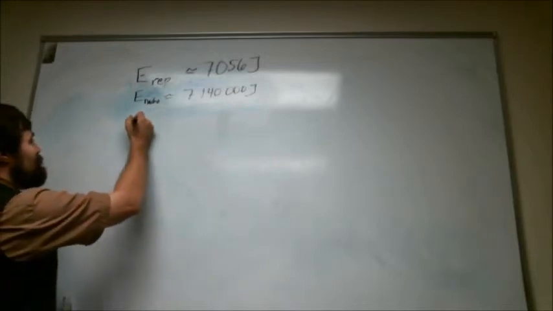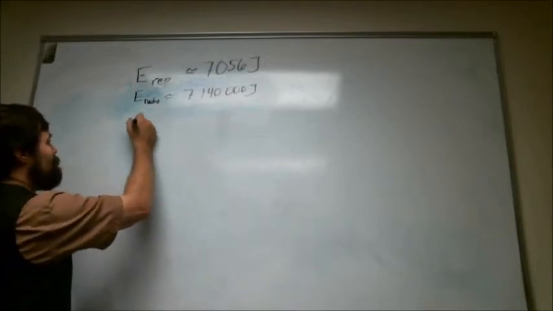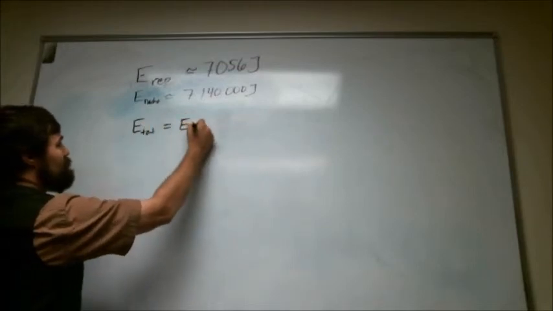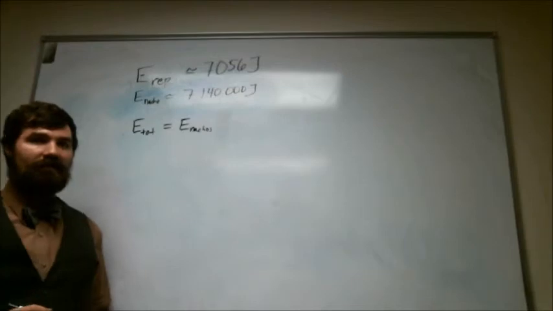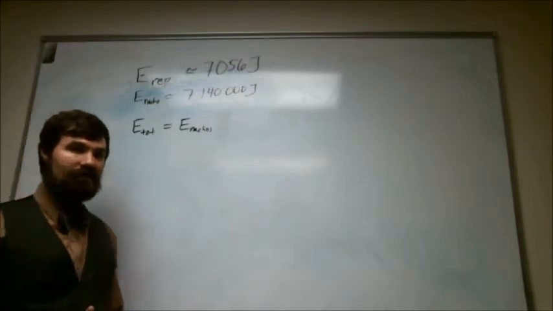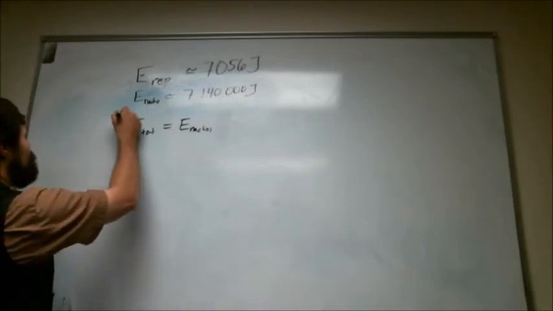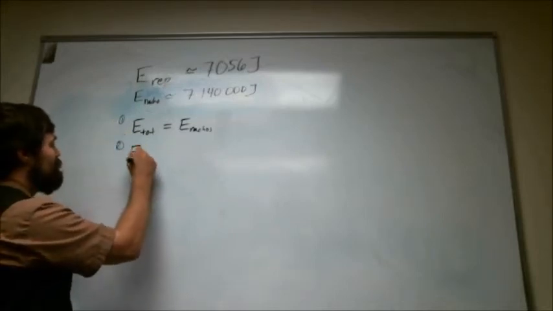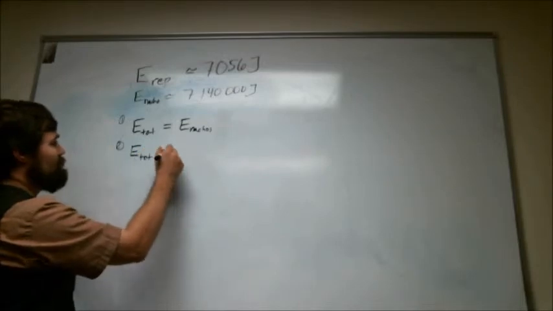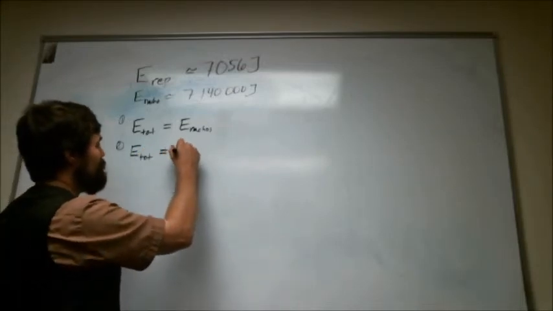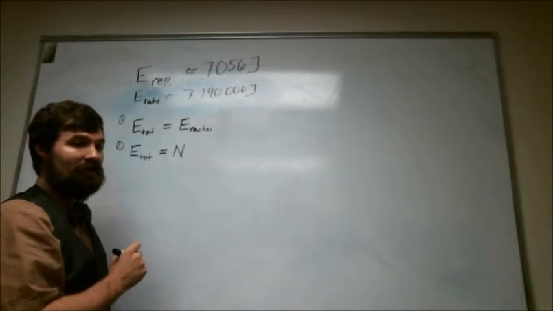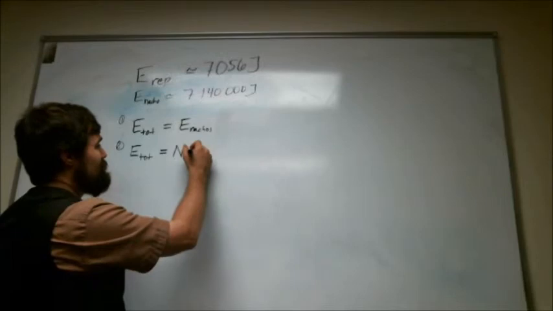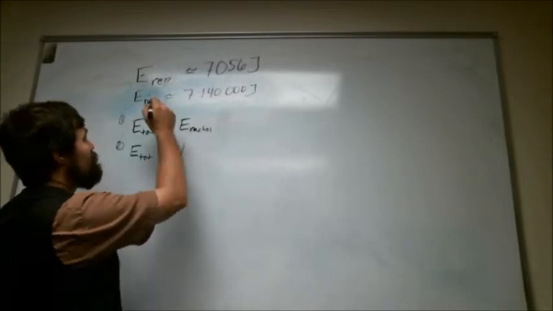Well, the total energy has to be equal to the energy that he took in from the nachos. That's the condition for burning off those nachos. Okay, so that's condition 1. Condition 2 is that total energy is going to be equal to the number of reps he does, number of times he lifts and lowers this dead weight, times the energy for 1 rep.